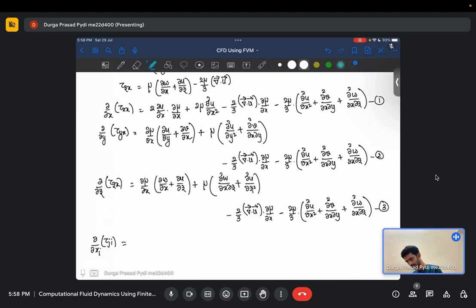If you see the term over here, there is a del square u by del x square, del square u by del y square, and del square u by del z square. So if I just bring them together, that is the Laplacian of the u component of velocity, and then you have so many other terms.